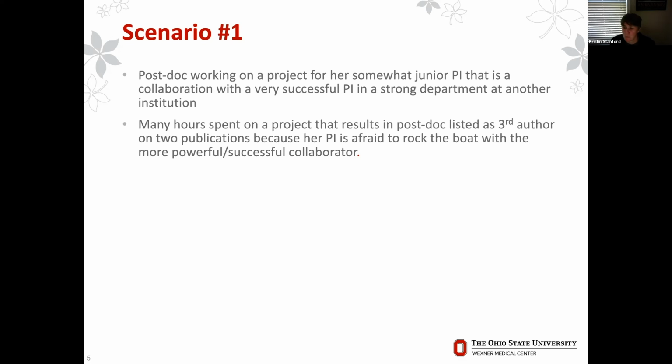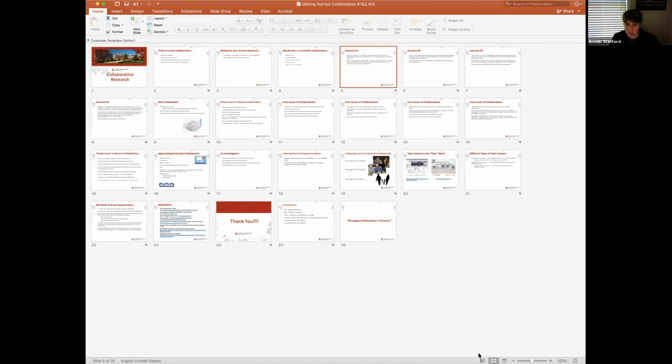So what would be some things that you would want to do in this situation, or other ways that you could avoid this situation? How could you protect the postdoc? What would be some things that you would want to do to help that?